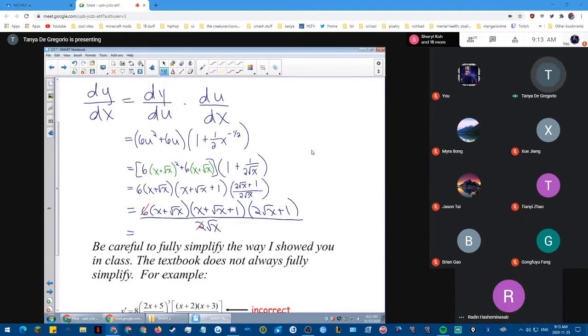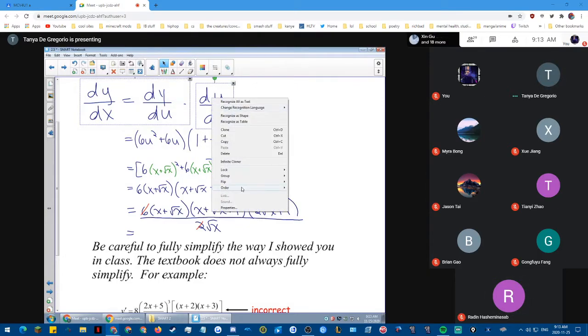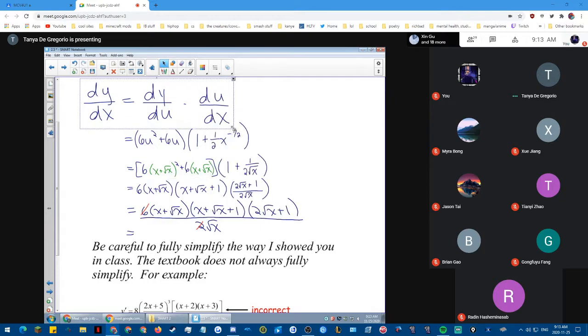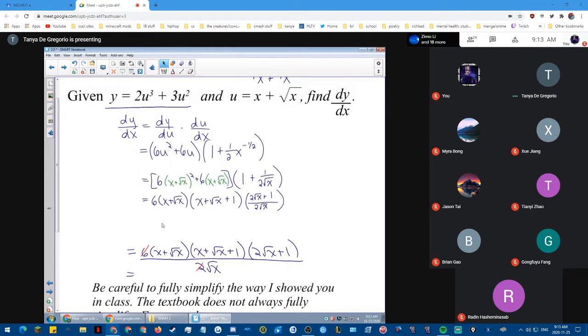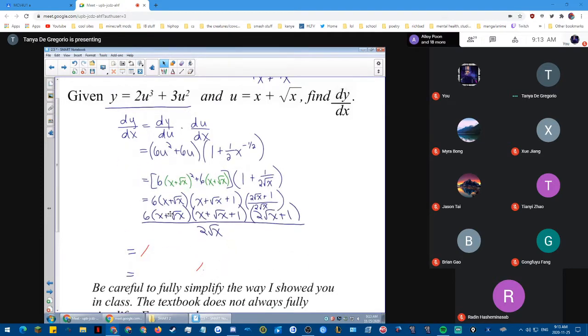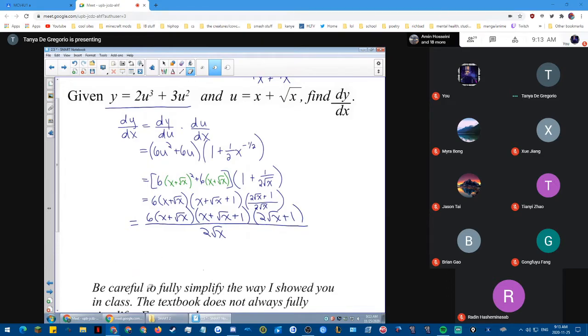Miss, sorry, how did you get from the second step to the third step? Okay, hold on. I'll go over it again. Let me just shrink it. Okay, which step?